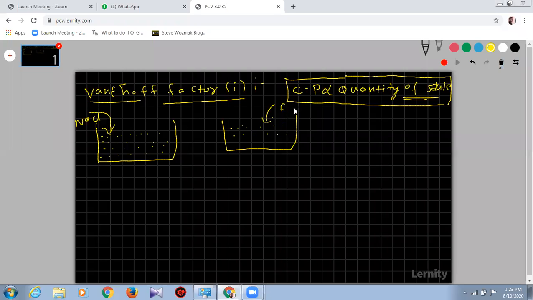Glucose is a purely covalent, non-polar compound. After adding glucose to the water, do you find any ions? No, glucose will remain the same. Here 1 mole you have taken, and here also you will get 1 mole only.